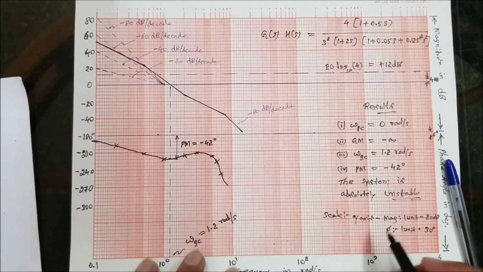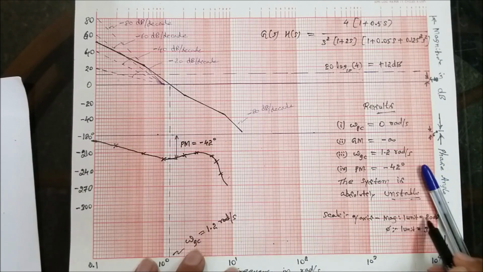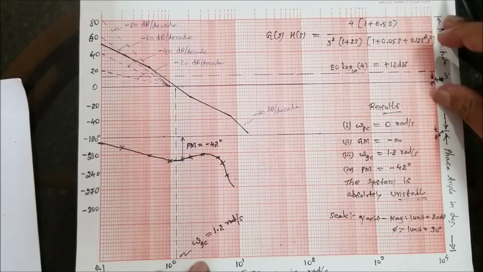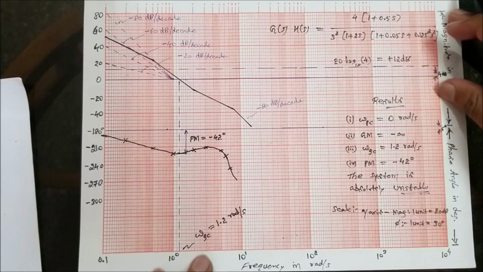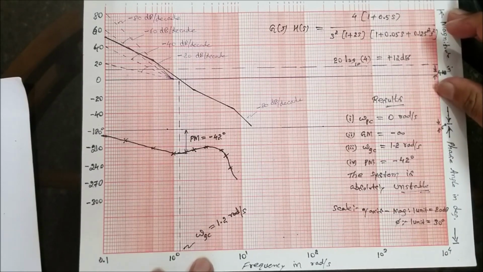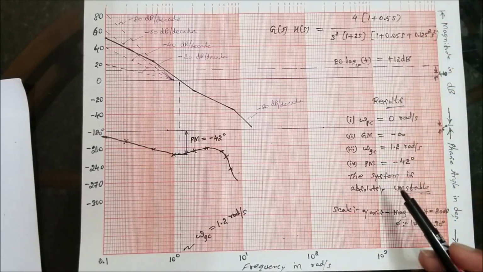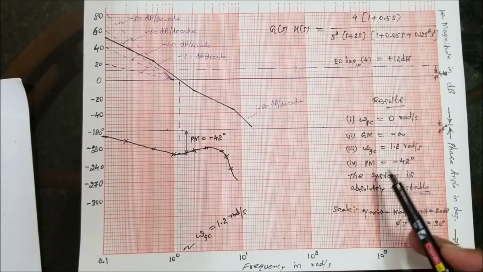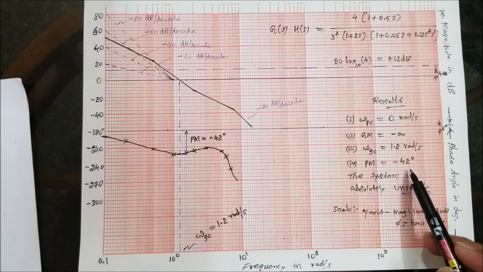Correct? So this is the Bode attenuation plot for problem number 3 of our discussion on Bode plot, from which we have found out that the system is absolutely unstable with gain margin as minus infinity and phase margin as minus 42 degrees.